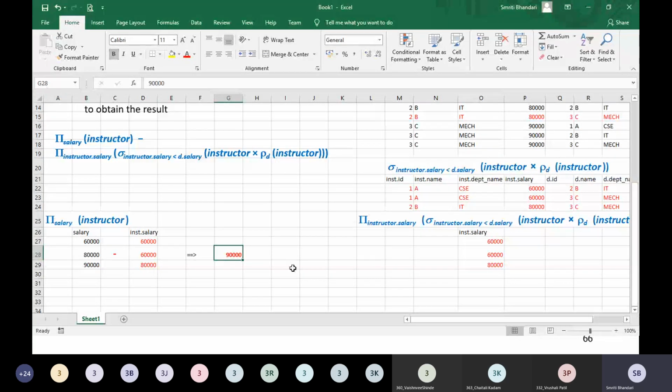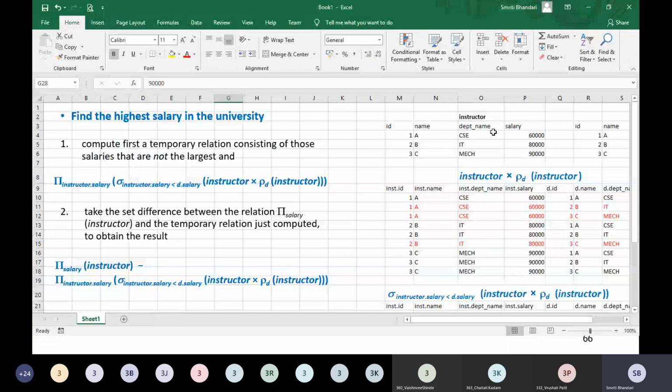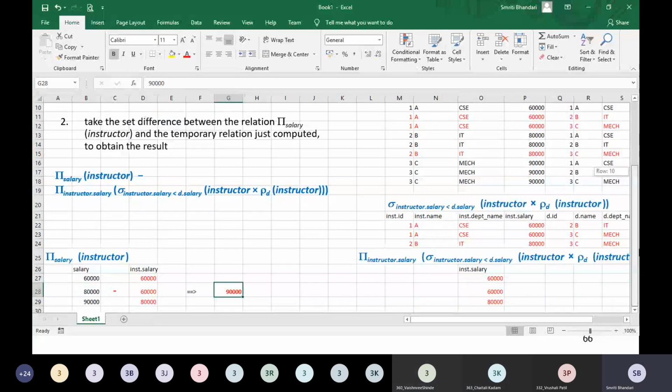And whether this is the maximum salary of the instructor that we have in this table? Is this the maximum salary that we have? Yes, ma'am. So, after undergoing these steps, it is possible to find out the maximum salary that we have. Correct?